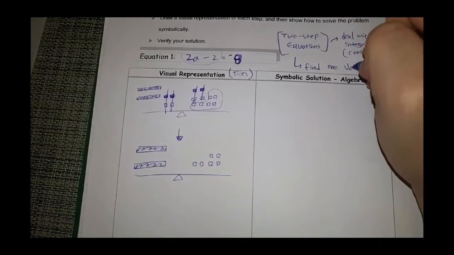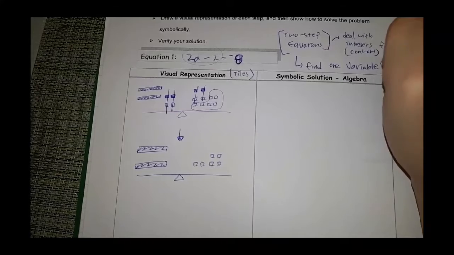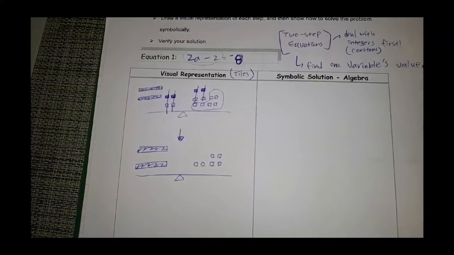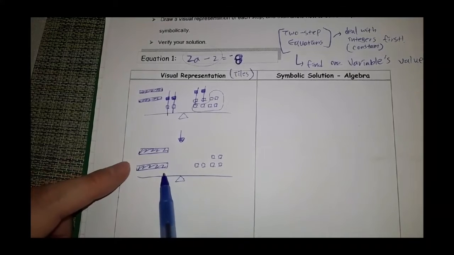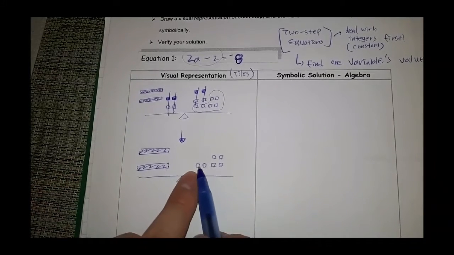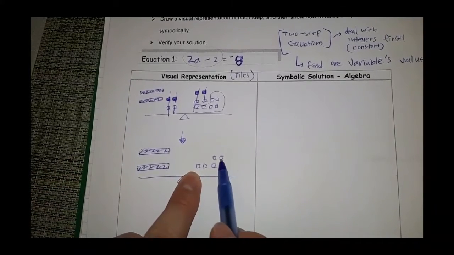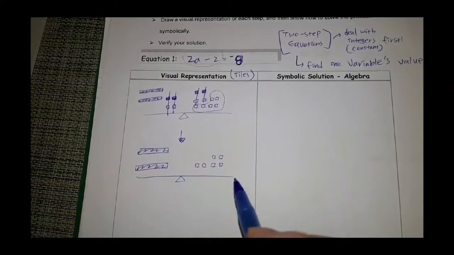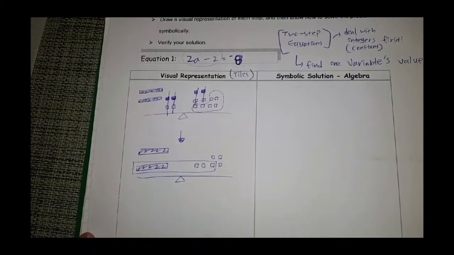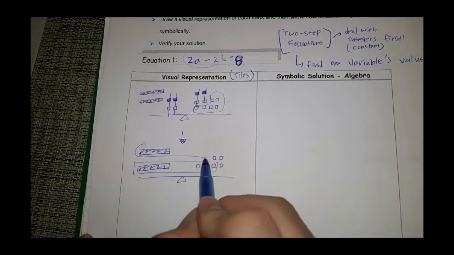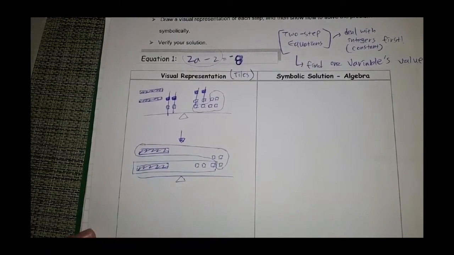But find one variable's value. What I mean by that is, right now I have 2 strips. Is there any way we can distribute these 6 empty tiles to each of them? Yes, we do. We can combine these guys together, or we can combine these guys together.